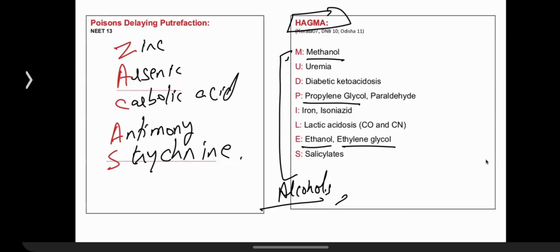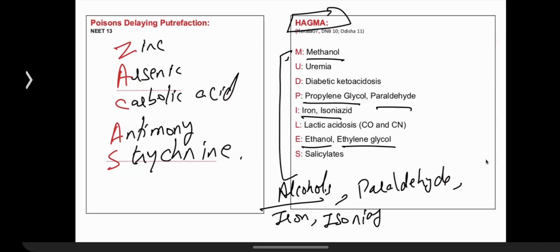Apart from that, paraldehyde, iron, isoniazid, then CO and CN, and salicylates. So there are very few poisons which cause high anion gap metabolic acidosis.